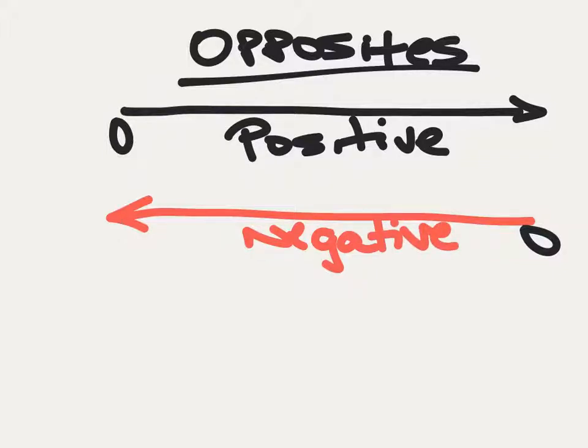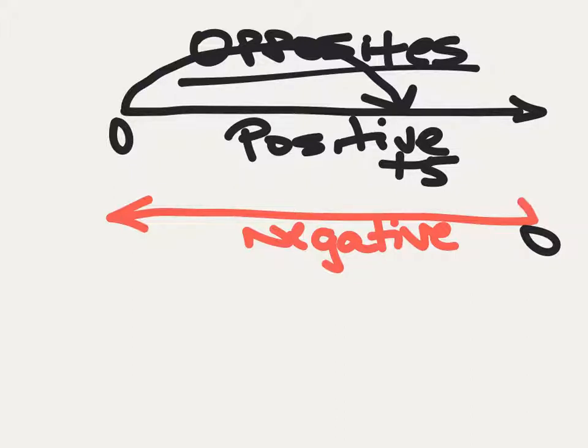I know, for example, that if I am 5 steps to the right of 0, I'm at positive 5. And if I am the same number of steps in the opposite direction, 5 steps to the left of 0, I'm at negative 5. I can see that the opposite of positive 5 is negative 5.